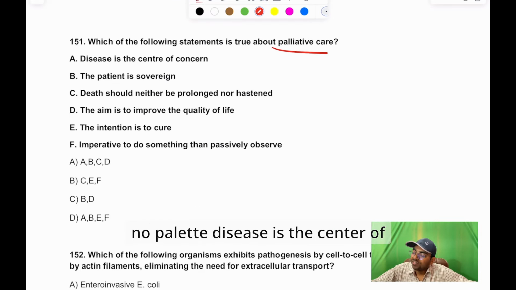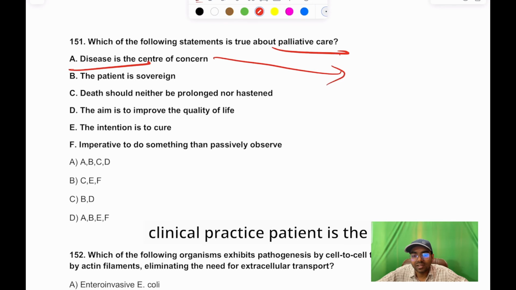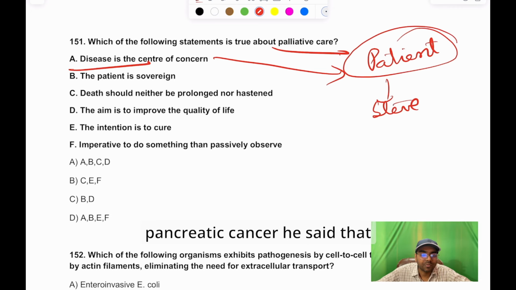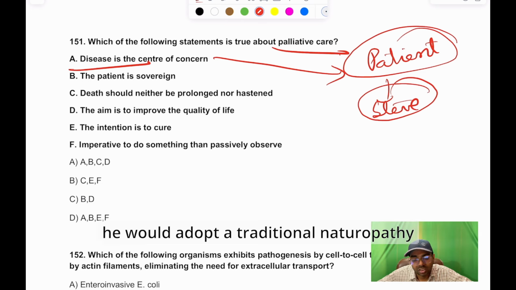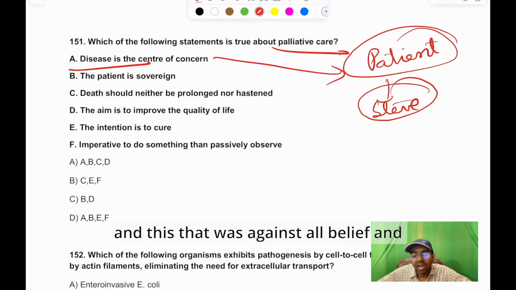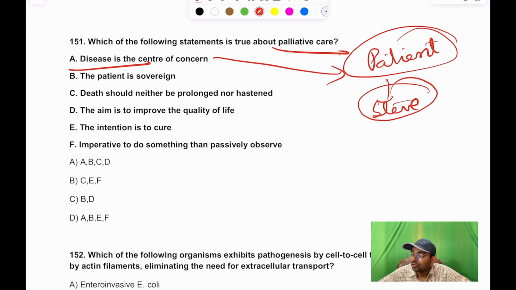Now palliative care. Now, disease is the center of concern? No, never. In our clinical practice, the patient is the center. Steve Jobs said he was suffering from pancreatic cancer, and he said that he would adopt a traditional naturopathy-based approach for the treatment of pancreatic cancer, and that was against all belief, in terms of English medicine.